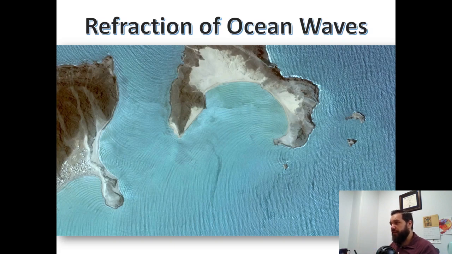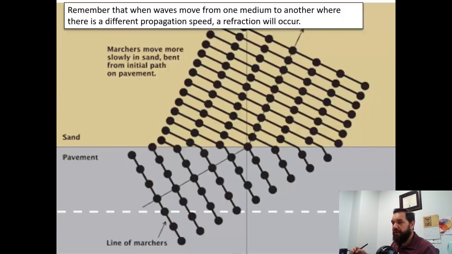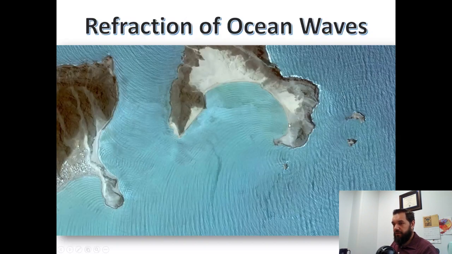Now I want you to take a look at this. If you look at this picture, it's kind of even hard to tell where the waves are coming from, but you'll notice that right here, look at how the waves, that's the direction of the waves there. And then you can see that it's getting bent.